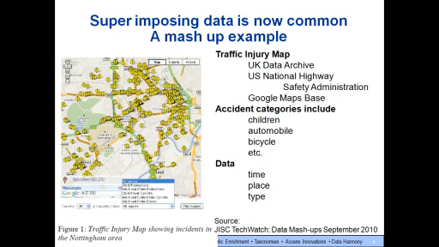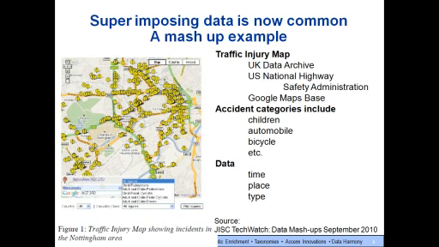We also find that superimposing of data, or a mashup, is an increasingly frequent example. This example that you see here is a traffic injury map showing incidents in the Nottingham, England area. But it's quite a few different pieces of data that have been overlaid all into the same map structure using a Google Maps base.